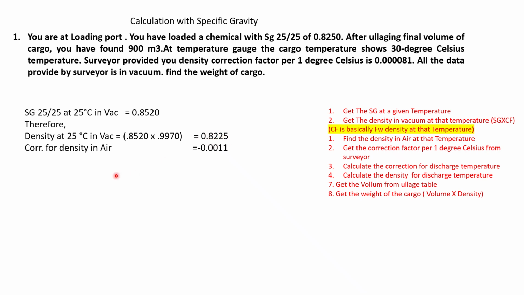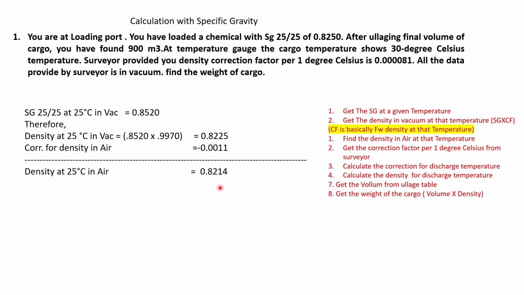Once you get the density, you need to subtract 0.0011. Why? Because the density is in vacuum, so you need to transfer it to air. Once you subtract that one, you get the density in air. It is 0.8214, right?